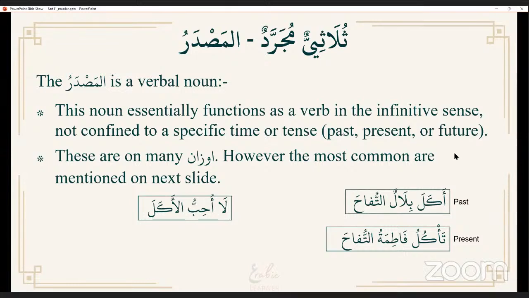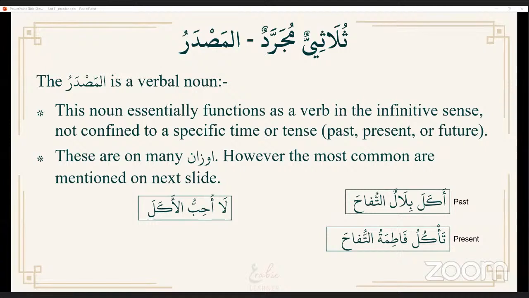Uhibbu is: I like. It is a verb, it is fi'l. I like or I love.